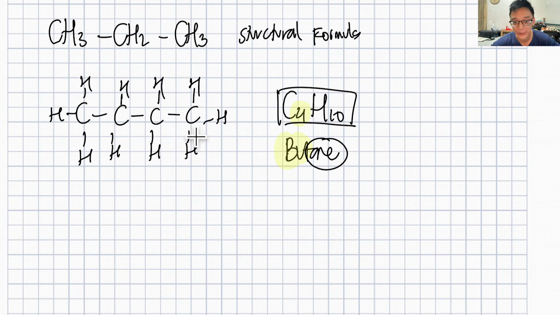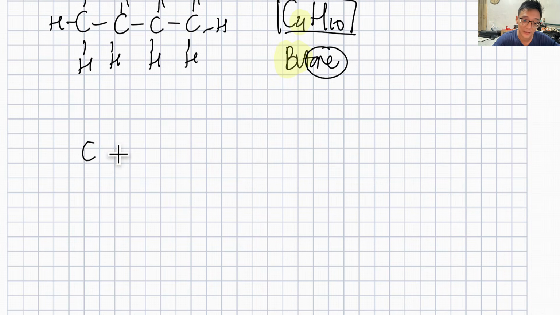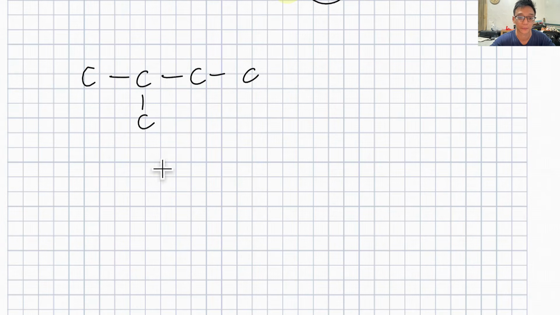At times, there would be some branch in your main alkane. How would we name such compound? For example, just for simplicity's sake, I will draw like this. So if it contains a branch, there are some steps that are required for you to do.